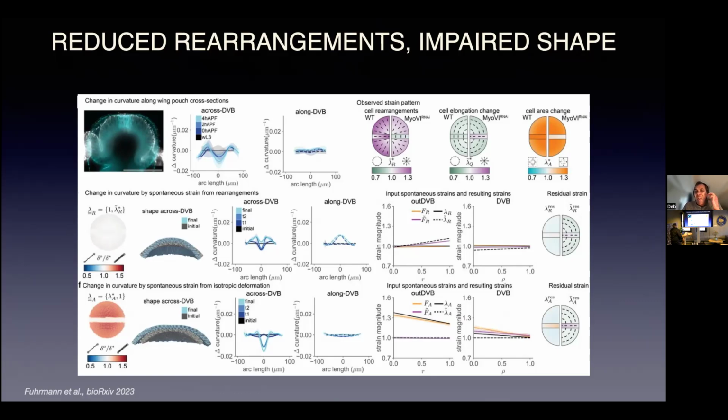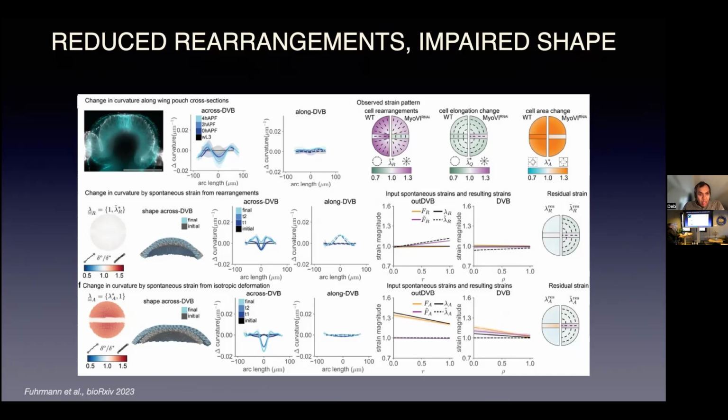And then you can look at what happens if you only put in the rearrangements that are there. So notice, I'm showing here the comparison between the wild type on the left and the myosin 6 on the right in each of these. So the elongations are pretty similar. The rearrangements go way down. And the cell area changes are similar, except in the DV boundary where something really weird happens we don't understand.